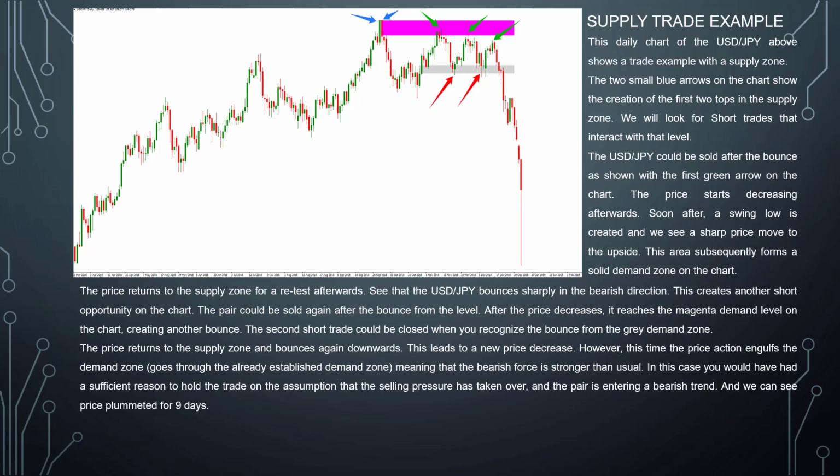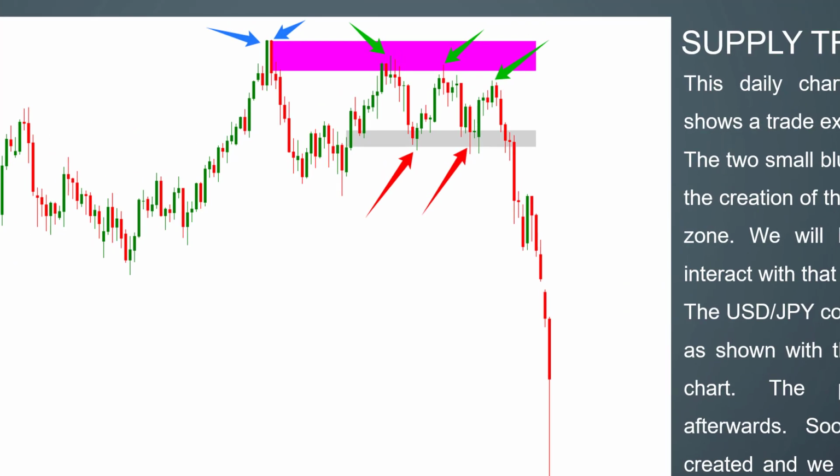So as you can see from the chart, guys, we've got our supply area in the magenta color.